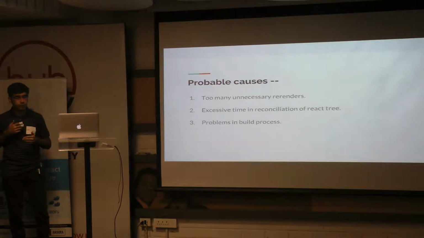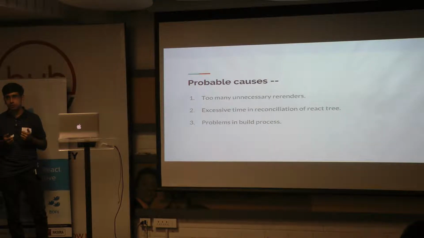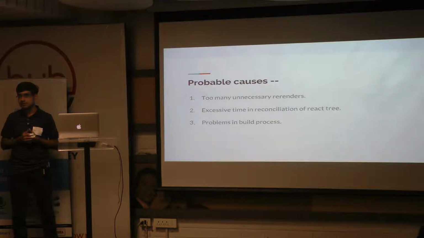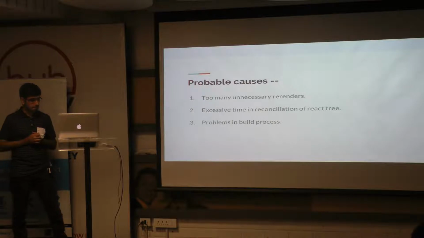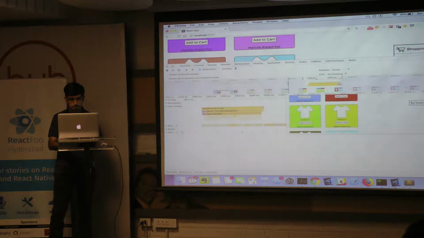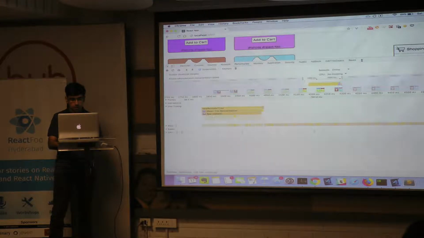So when we profile our apps, the most common causes which we will see for degradation in performance are either a long time being spent in reconciliation of React, or too many unnecessary re-renders happening. Let's see this in our demo app as well. So this was the result which we profiled earlier.